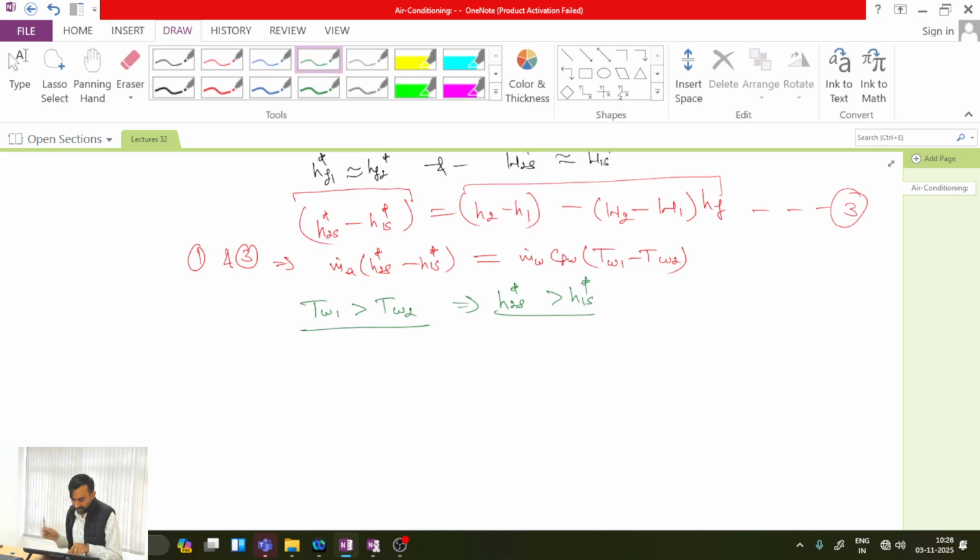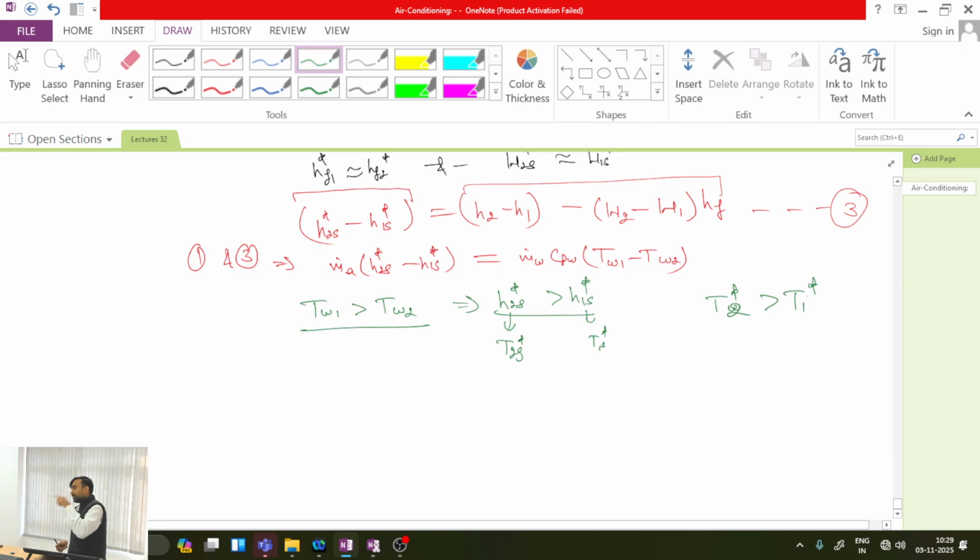This h2s star is nothing but a direct function of t2s star and t1s star, which is nothing but my wet bulb temperature. So I can simply say that if my water temperature is hot, then wet bulb temperature T star at 2 will be greater than T star at 1.